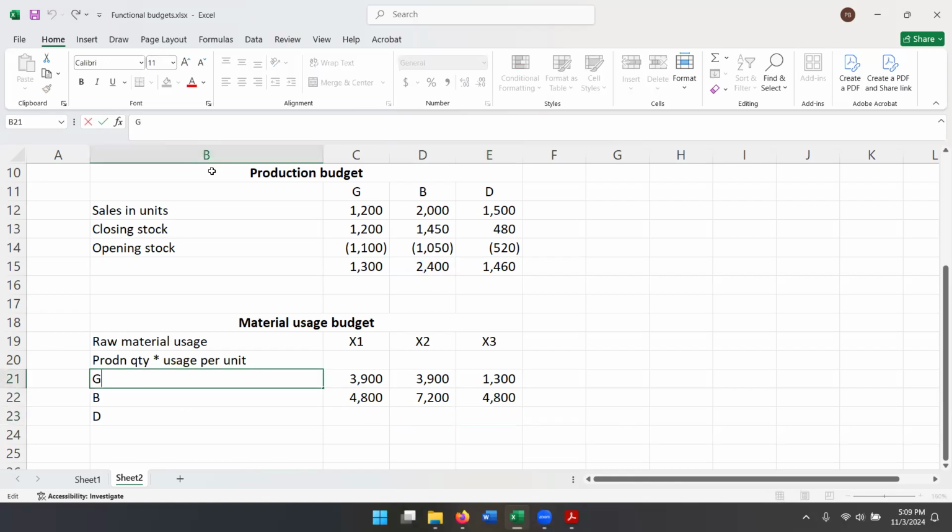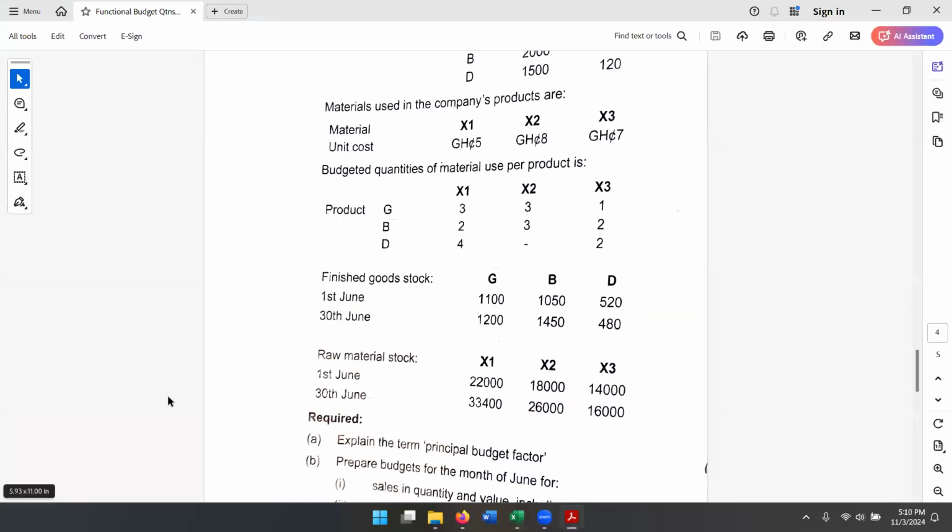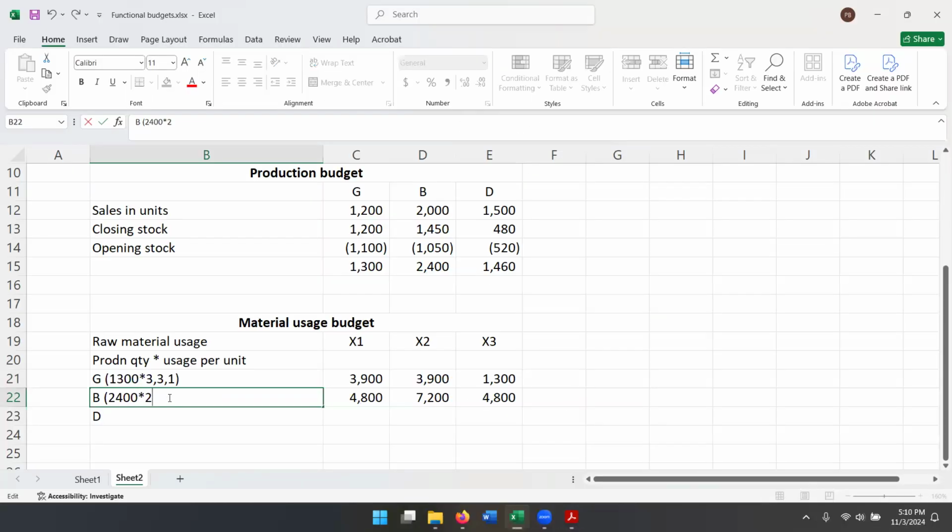So if you like, we can do this: 1,300 at 3, 3, 1. Then when we come here, it is 2,400 multiplied by 2, 3, and then 2.